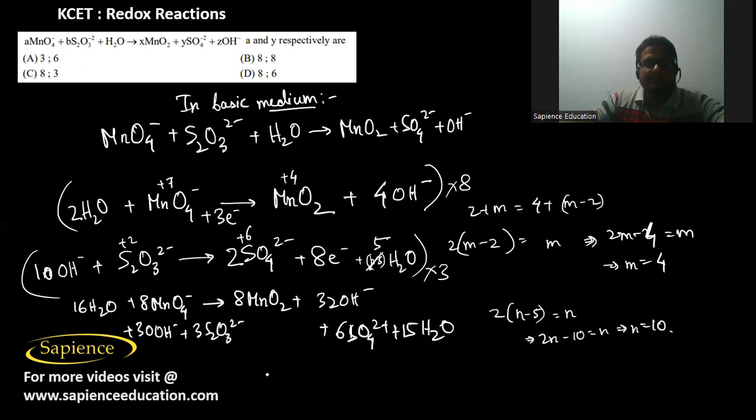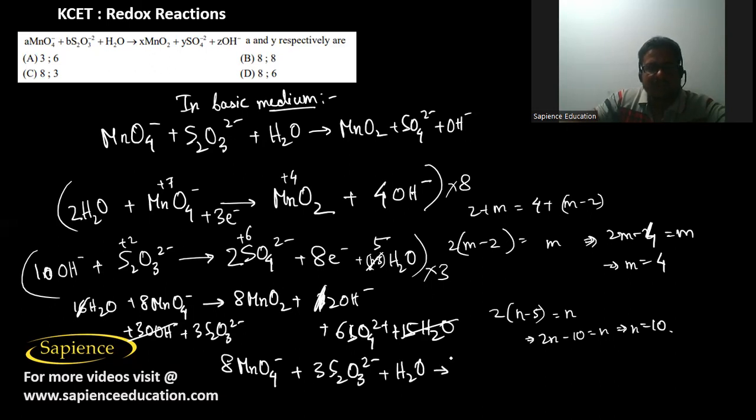So the final balanced ionic equation: 15 H2O will cancel with 16 H2O, leaving one H2O, and the 30 OH minus will cancel with this, so it will be 2 hydroxide ions only. So 8 MnO4 minus plus 3 S2O3 2 minus plus H2O will give 8 MnO2 plus 6 SO4 2 minus plus 2 OH minus.